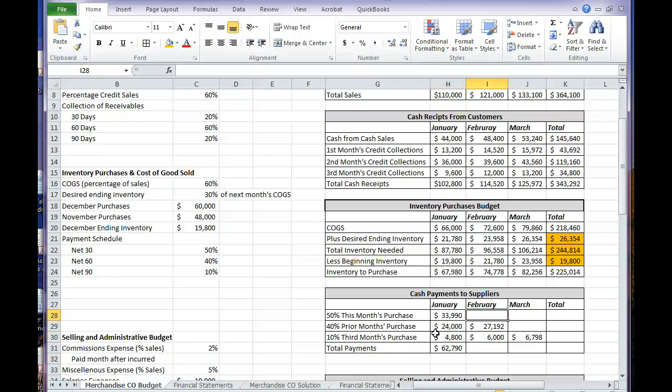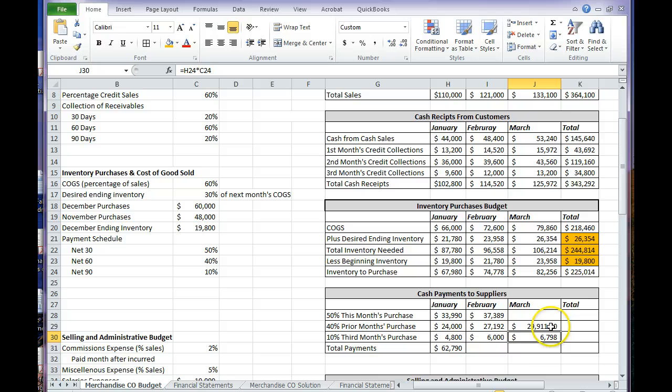All right, February, 50% of February's purchases. And here we have 40% of February's purchases that we're purchasing in March. And let's make that a little larger. I see what the problem is. Let's get rid of these decimals.